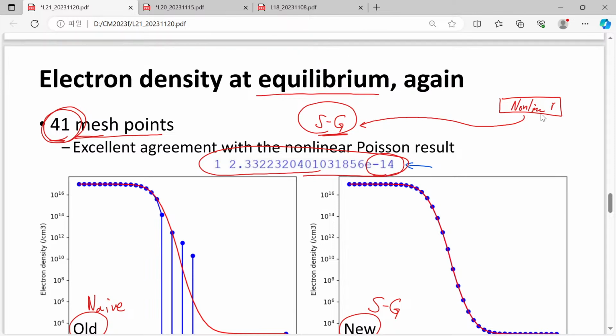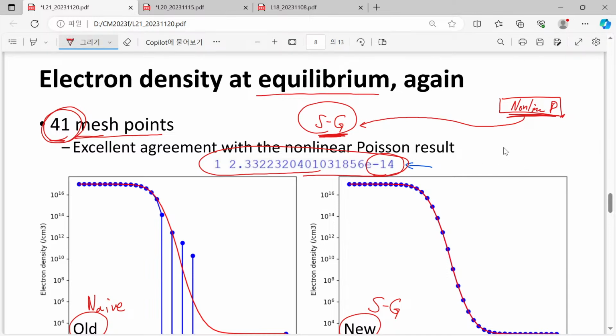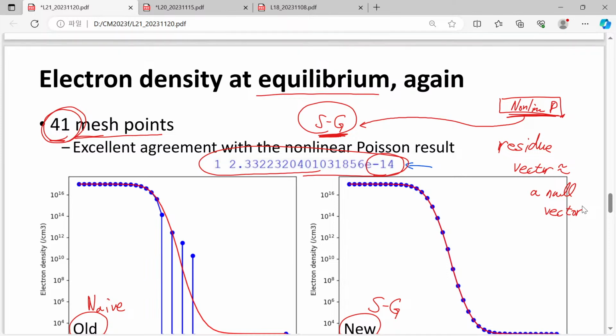So once you get the solution for the nonlinear Poisson equation, then actually you start from the solution. If everything is correct, then your residual vector itself should be very close to a null vector. If you have a meaningful number that deviates quite a lot from zero, then that component has been wrongly calculated.